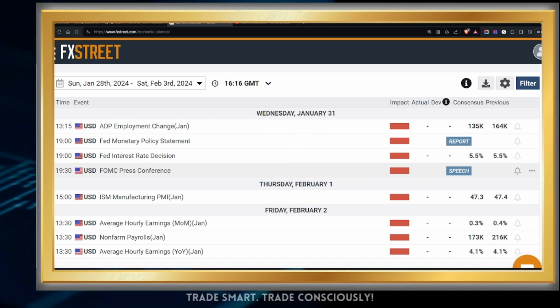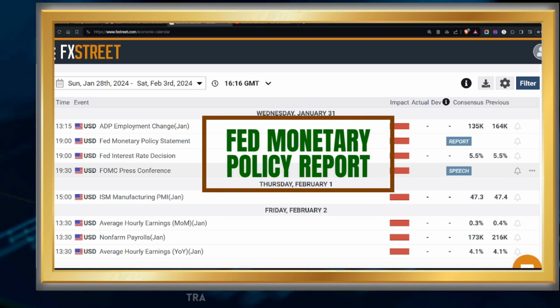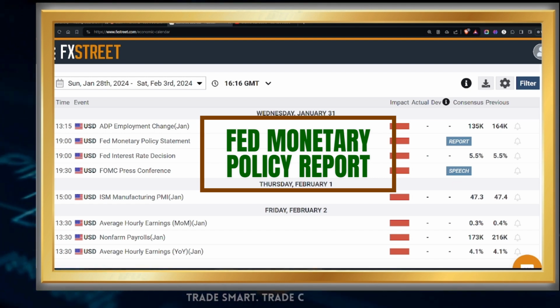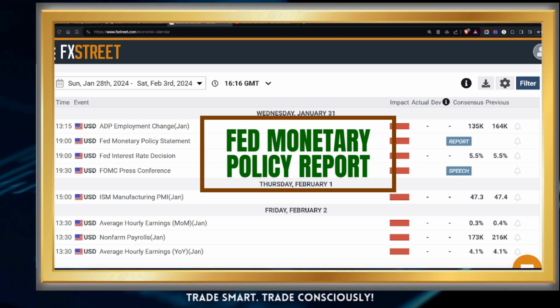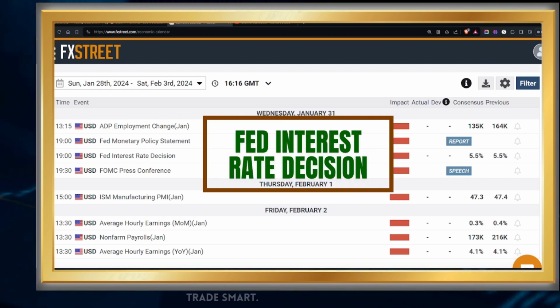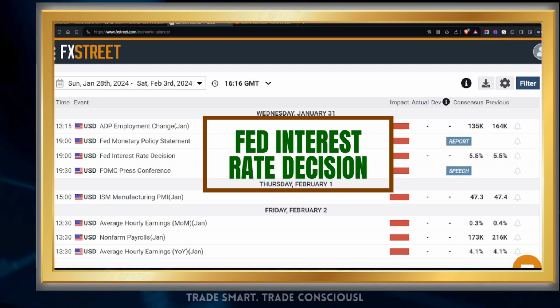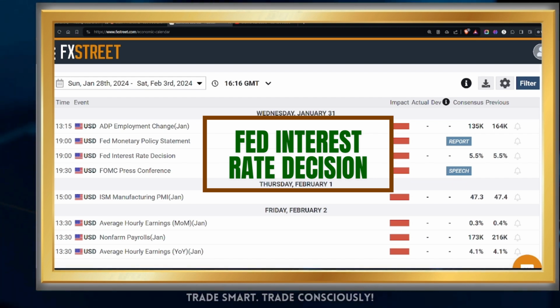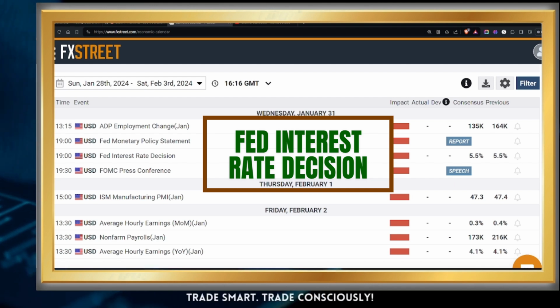Then fast forward to later on that day, we have the Fed monetary policy statement, which is a comprehensive assessment provided by the Federal Reserve detailing the economic outlook and the rationale behind monetary policy decisions. Then simultaneously, we have the Fed interest rate decision, another high impactful event which gives the outcome of the Federal Reserve's meeting, where they decide whether to change or maintain the current interest rate.